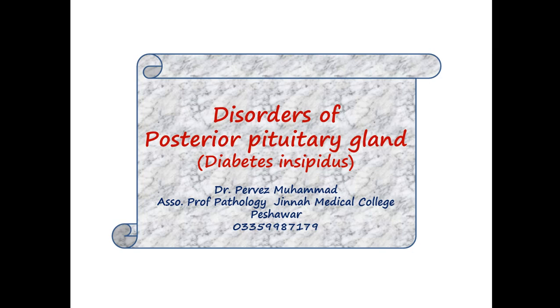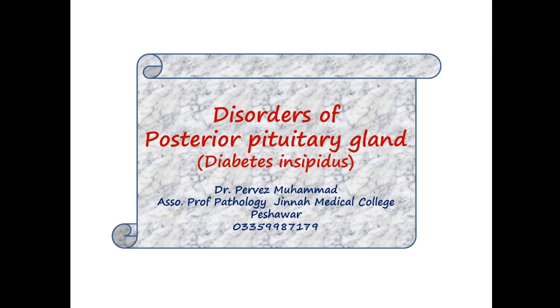The two inhibitory factors for the anterior pituitary gland are growth hormone inhibitory hormone, or somatostatin, and dopamine, which inhibits the secretion of prolactin.